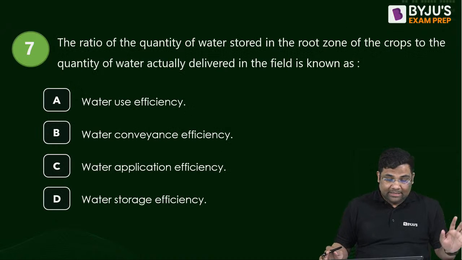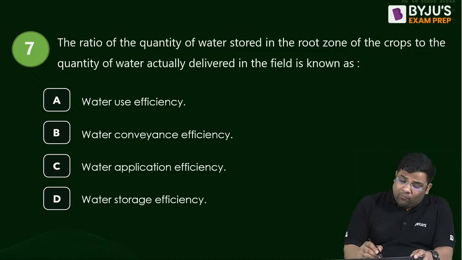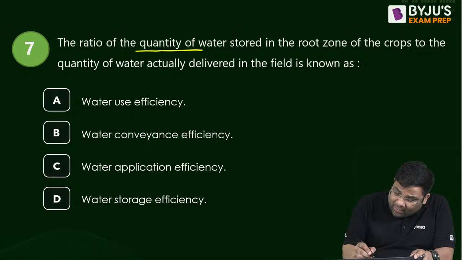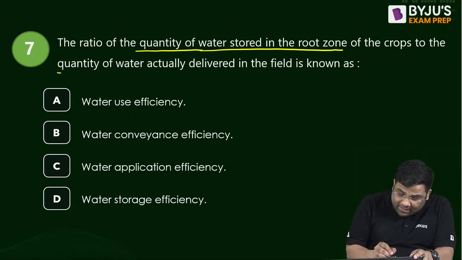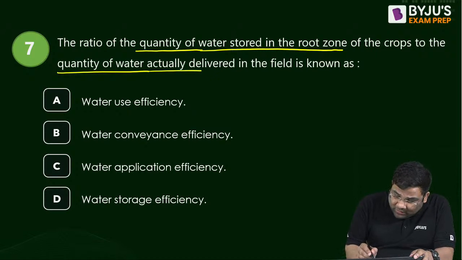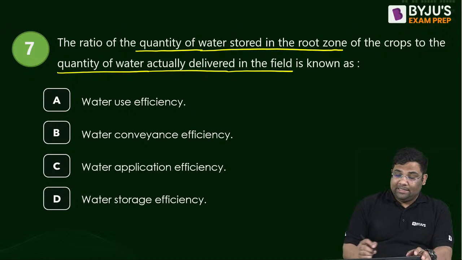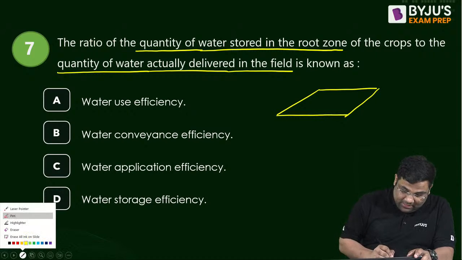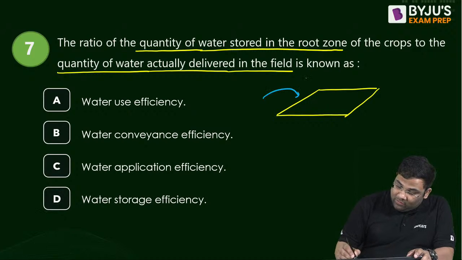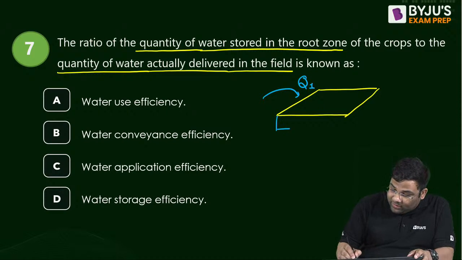Next question, seventh question, answer these basic definitions. The ratio of quantity of water stored in the root zone of the crops to the quantity of water actually delivered in the field. When we are delivering water to a particular field, suppose you are delivering Q1, all the water will not be stored in the root zone.